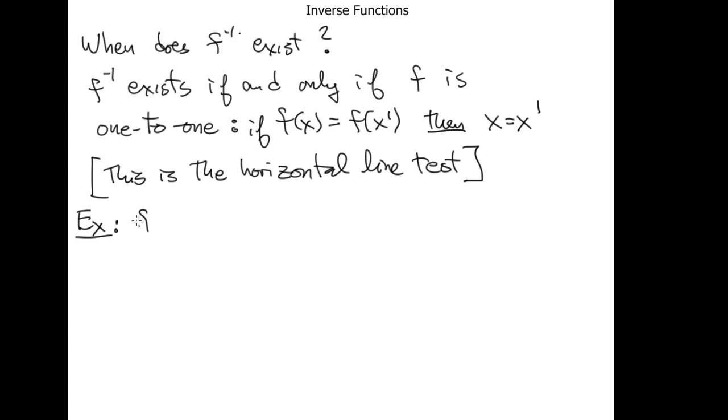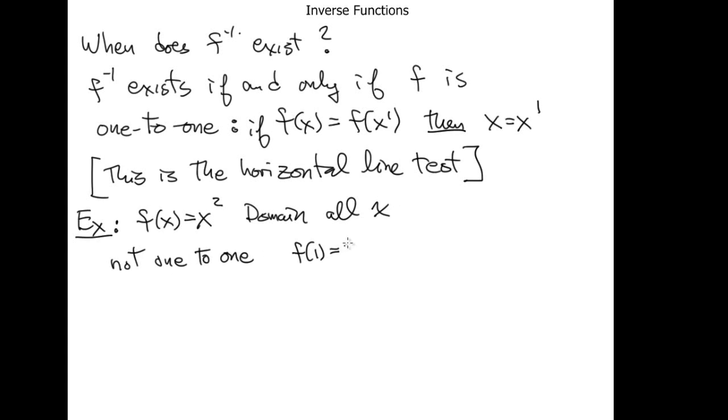So let's look at a picture. If f of x is equal to x squared with the domain all x's in R, this is not 1 to 1 because f of minus 1 and f of 1 are the same. They both have the same square. And that's just the horizontal line test failing.